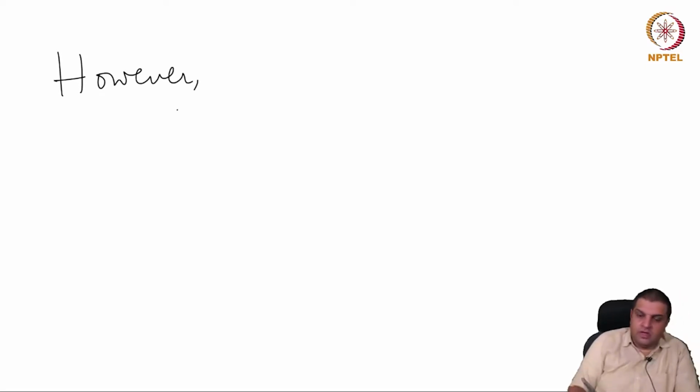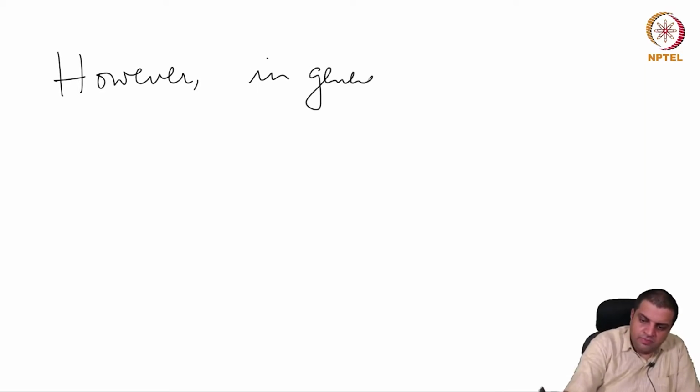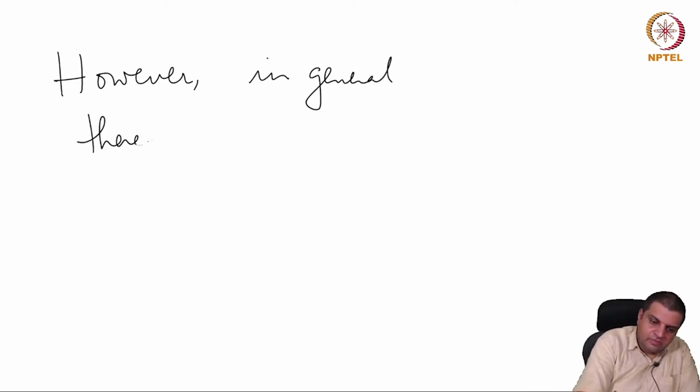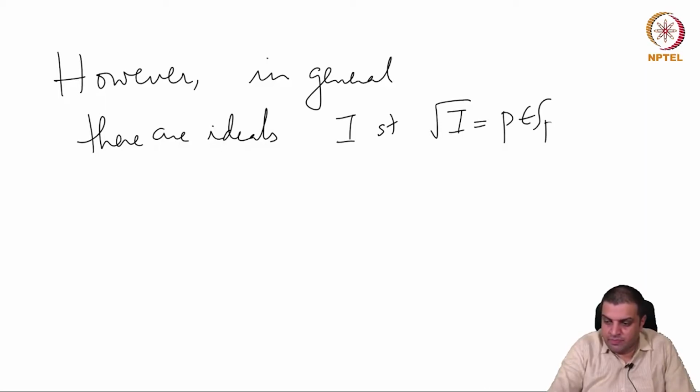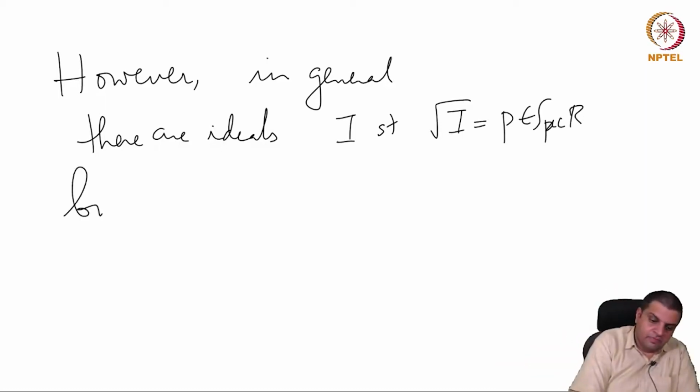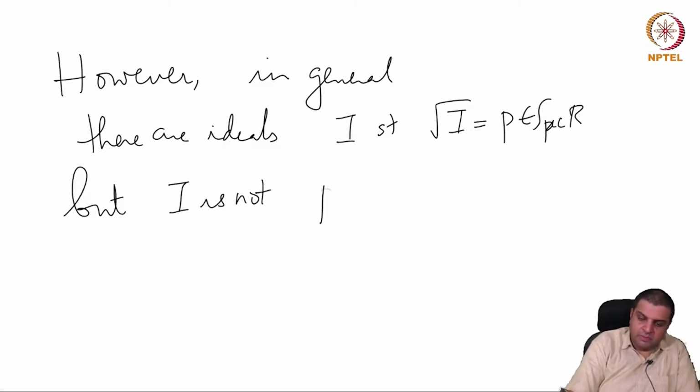However, in general, even in Noetherian rings themselves, there are ideals I such that the radical of I is a prime ideal P, but I is not P-primary.